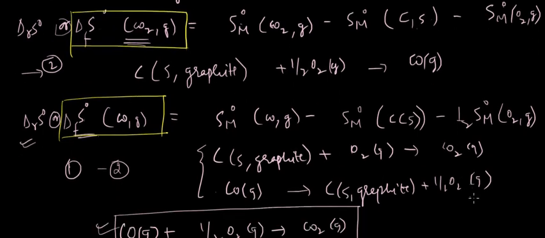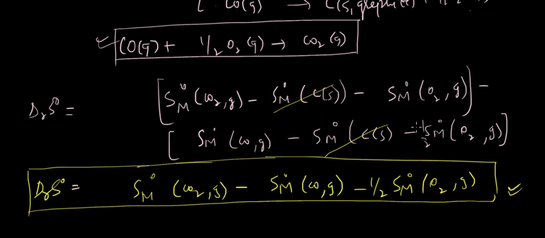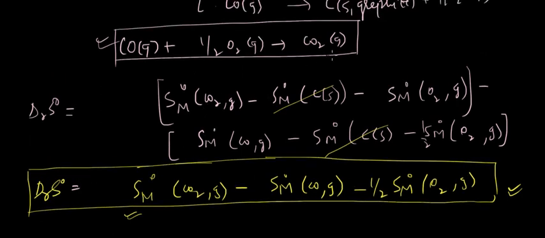Finally we subtract the entropy of formation of carbon monoxide from the entropy of formation of carbon dioxide, and we will get this. So this would be the entropy of the reaction of formation of carbon dioxide from carbon monoxide.